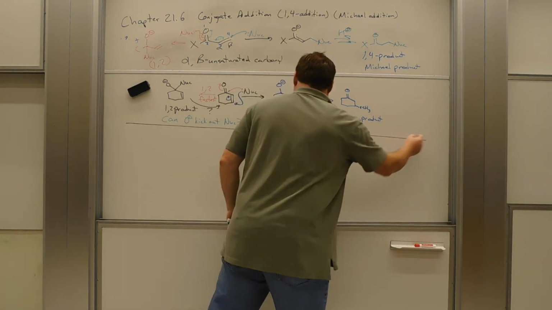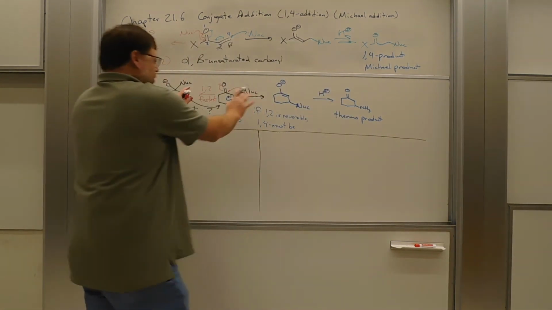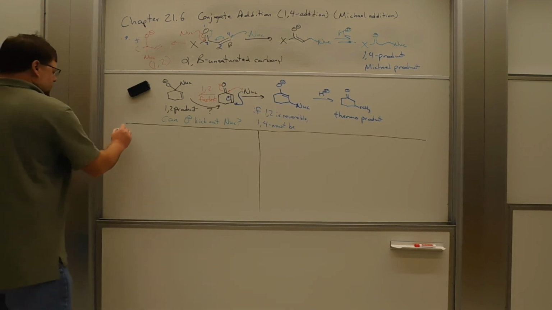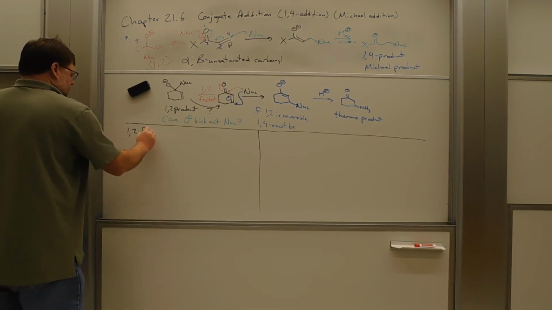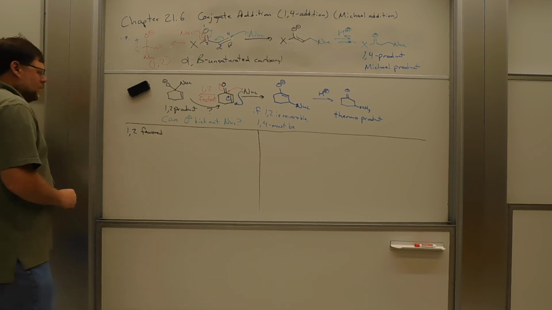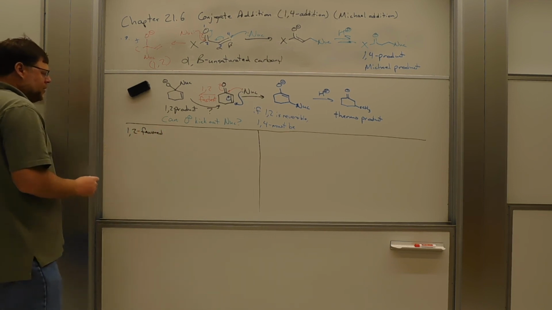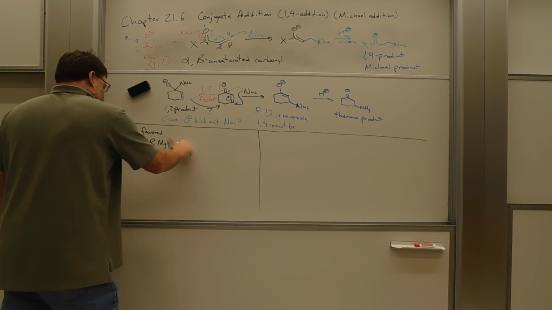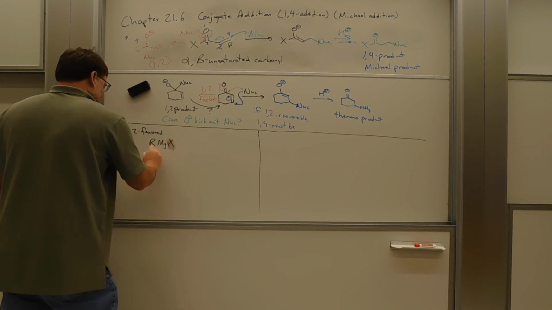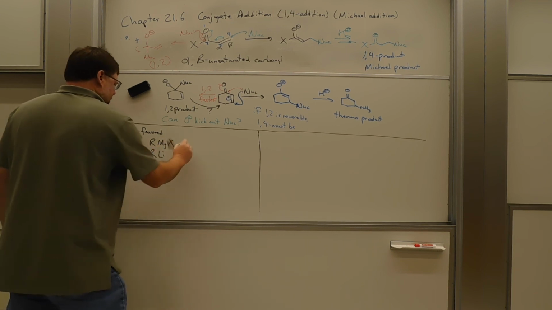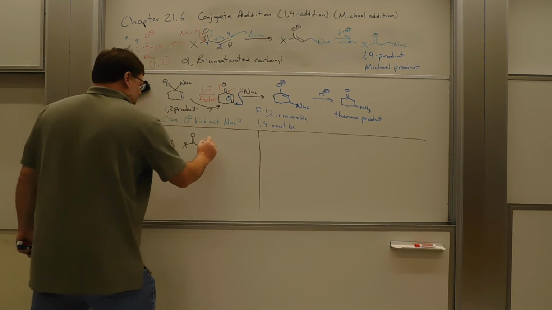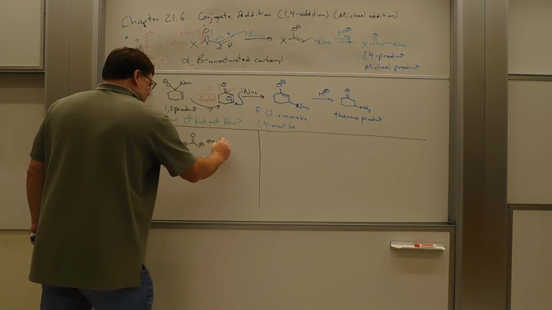All right, so I can give you a list. I'd like you to understand this, but if not, you can just memorize it. So 1,2 is favored with Grignards, lithiums, enolates.